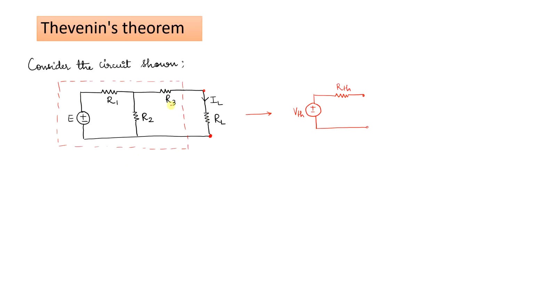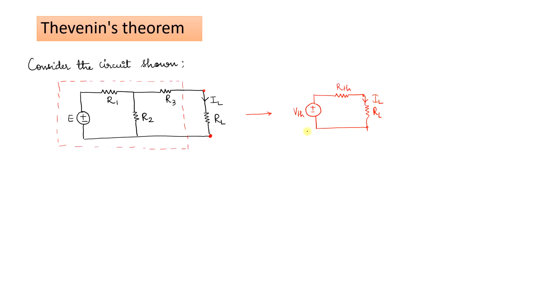The circuit marked within the box can be equivalently represented as a series combination of Thevenin voltage and Thevenin resistance. Once you find the Thevenin voltage and Thevenin resistance, we connect the load we had removed between the two terminals and mark the load current IL.